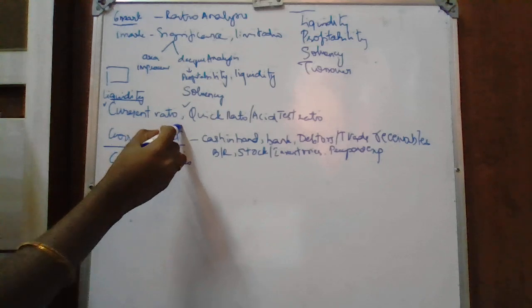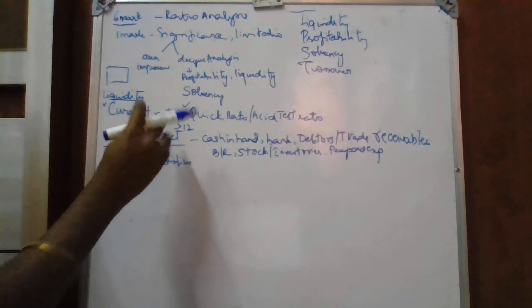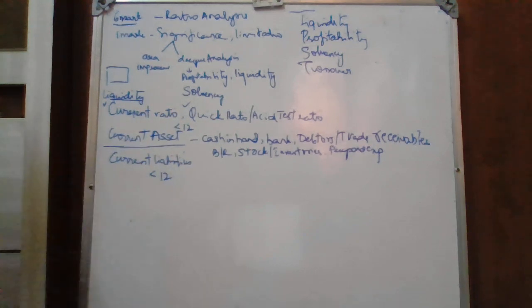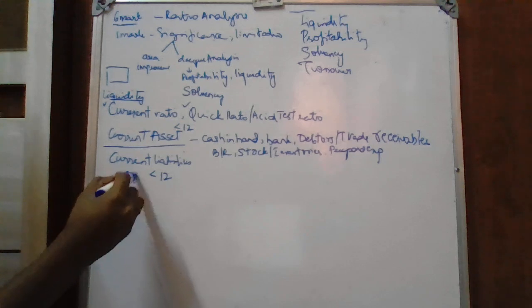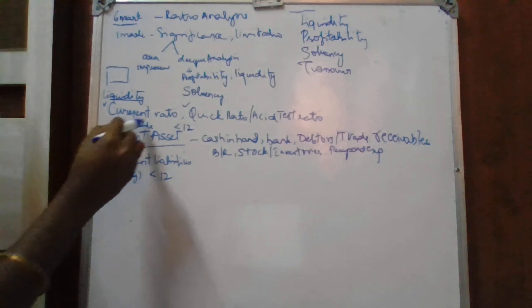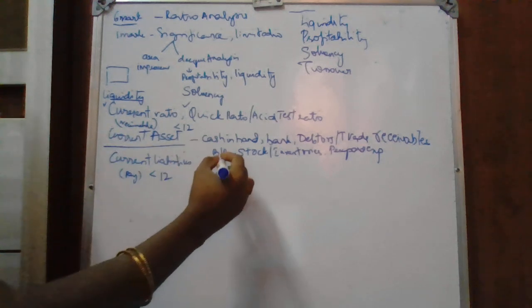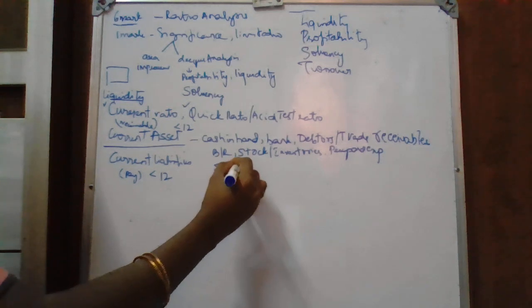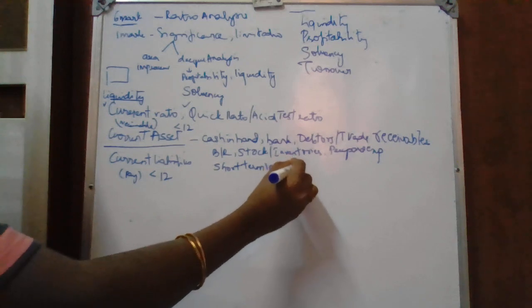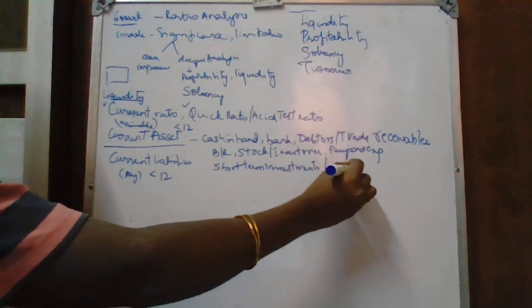By now, you should know what are current assets and what are current liabilities. Current assets are what you will receive within 12 months; current liabilities you will pay within 12 months. This is payment, this is receivable. Then you have accrued income, short-term investments, or current investments.